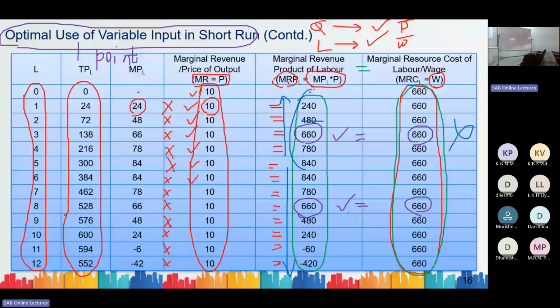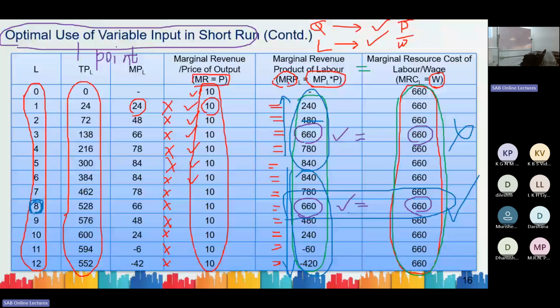Marginal revenue product of labor is decreasing over this range. So this is okay. So the exact optimum level of labor is at this level, which is 8 units of labor.